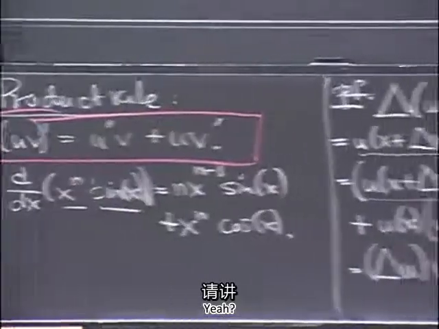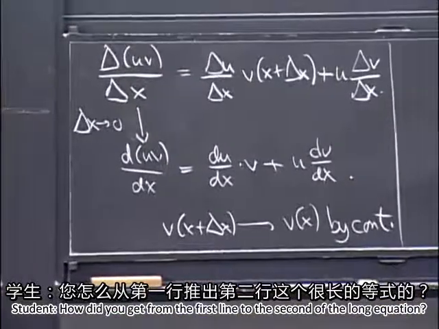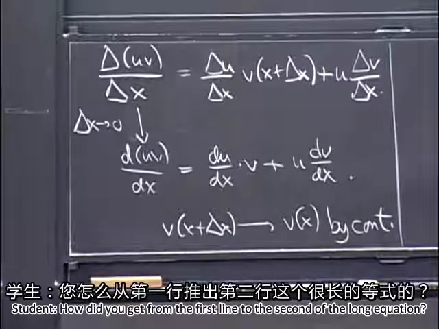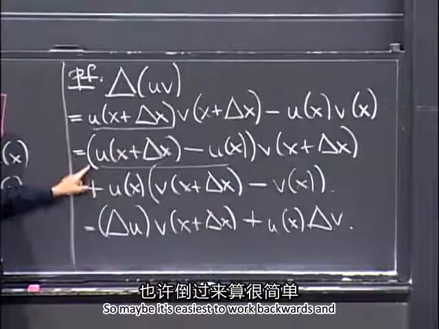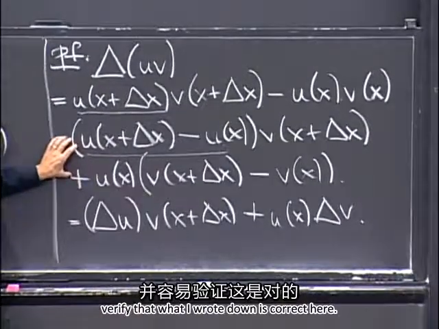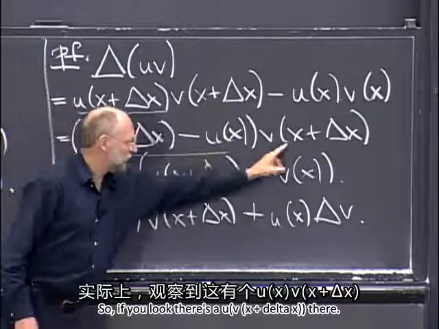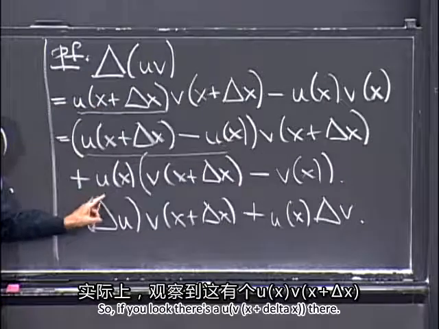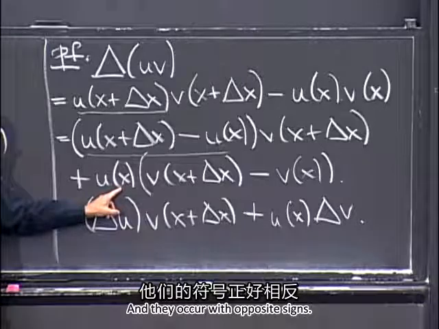Yeah? How did we get from the first line to the second of the long equation? From here to here? Well, maybe it's easiest to work backwards and verify that what I wrote down is correct here. So if you look, there's a u times v of x plus delta x there, and there's also one here. And they occur with opposite signs.